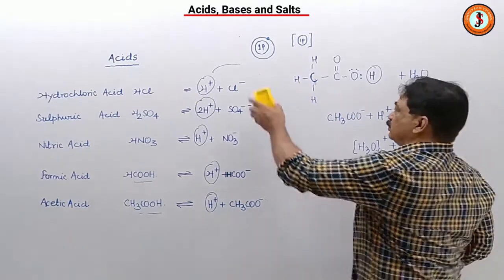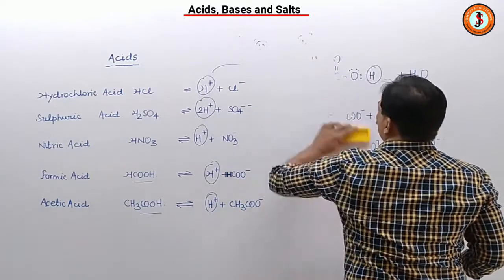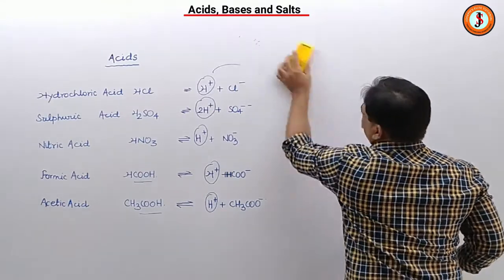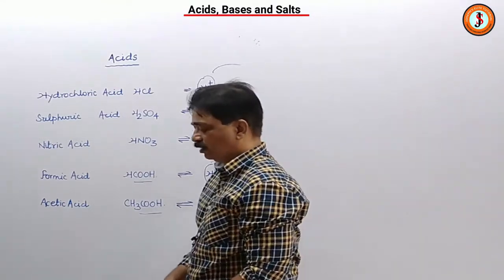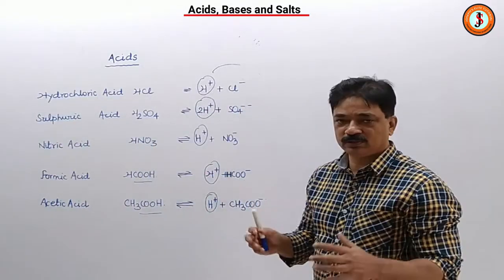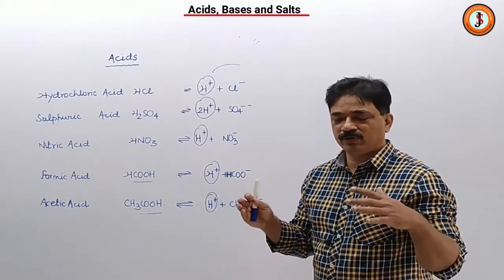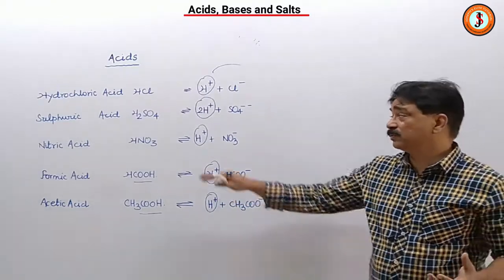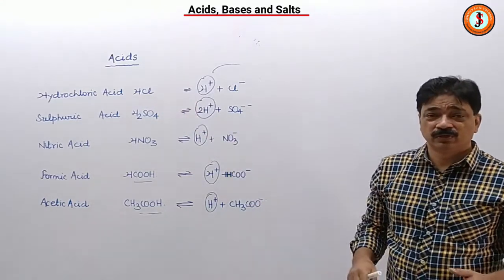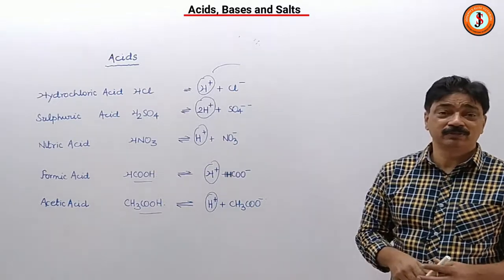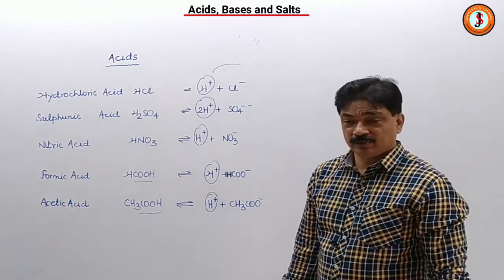Now, you should also understand one more important concept over here. When you are looking at hydrochloric acid, suppose you take hydrochloric acid in a solution in a beaker and it has 100 molecules of hydrochloric acid. In a solution, all the molecules of hydrochloric acid will not dissociate.